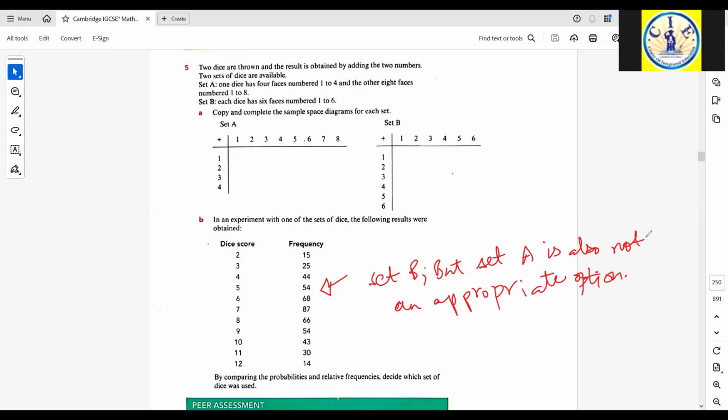That means in some cases this frequency table resembles set B more closely, but set A is not far from that frequency table either. So this is how we need to answer that question.